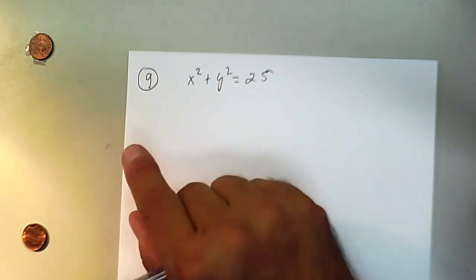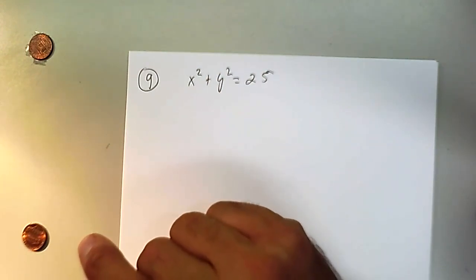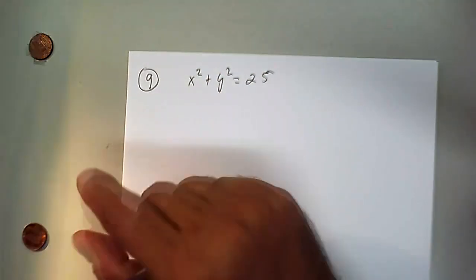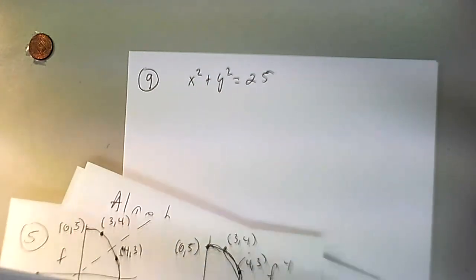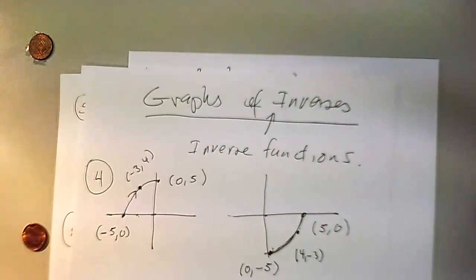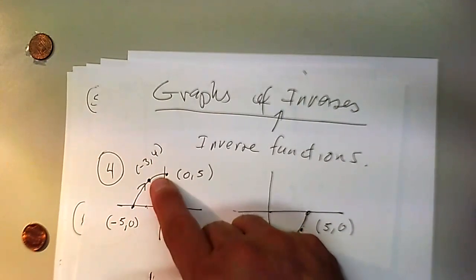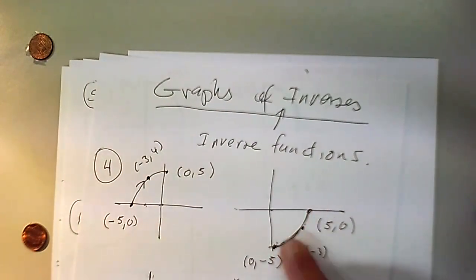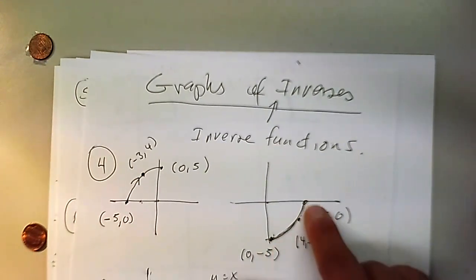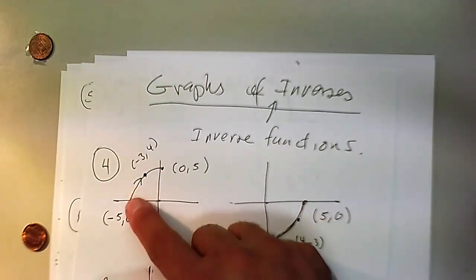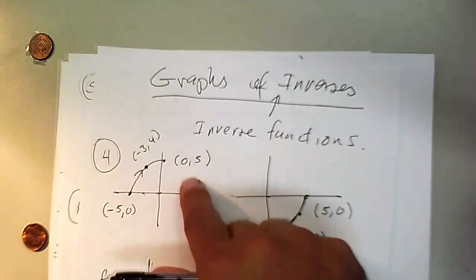But we did say that is not a function. Okay, let's say I want to take the inverse of this algebraically. Fine, we can do the picture, but how about the formula? What formula works for this guy? So I'm kind of referring back to our example 4 of today's video.